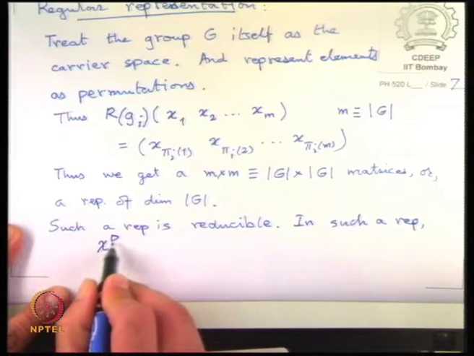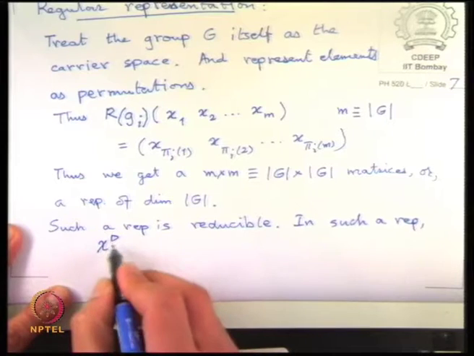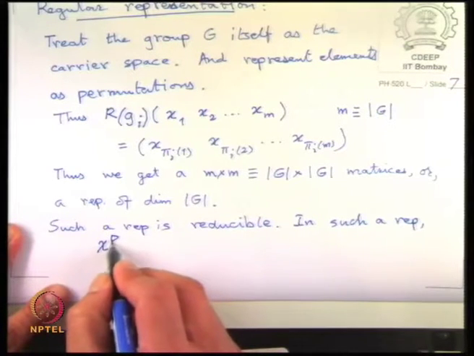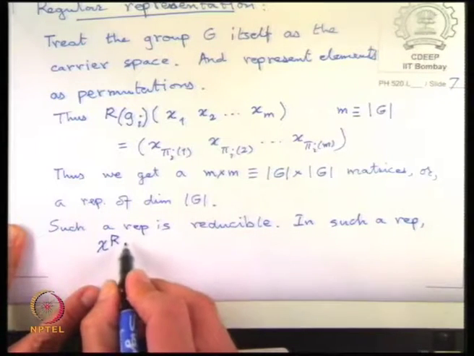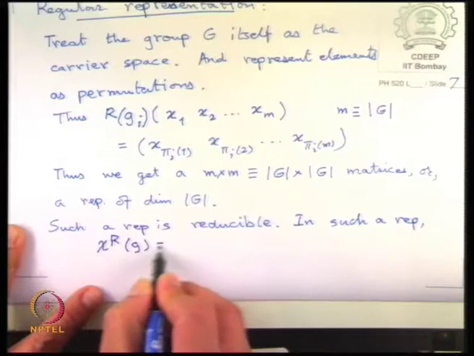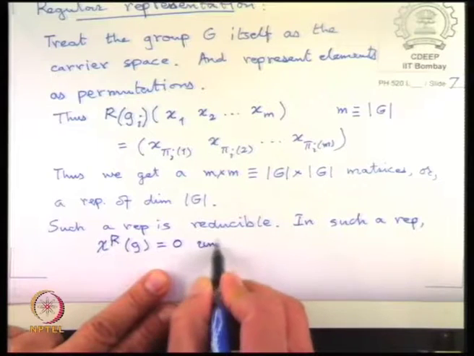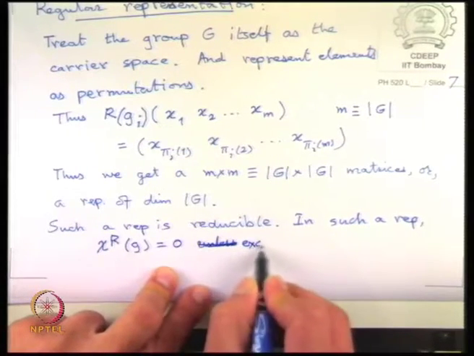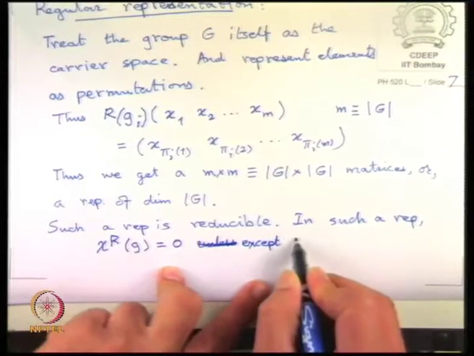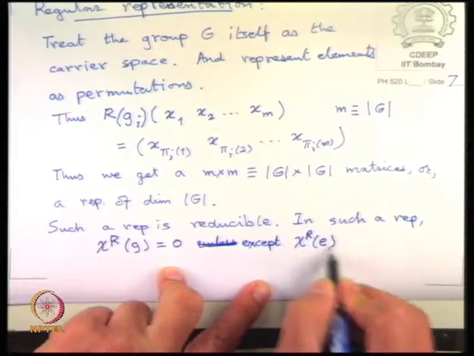So we write this D without any brackets or label, or I could also have written chi R. Okay, character in regular representation R for any element G is equal to 0, except chi R of the identity element.